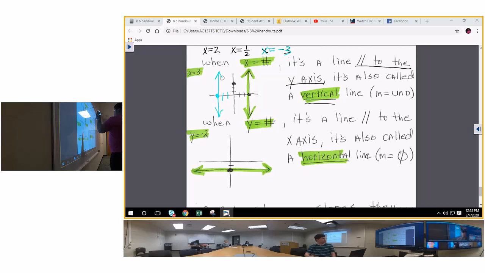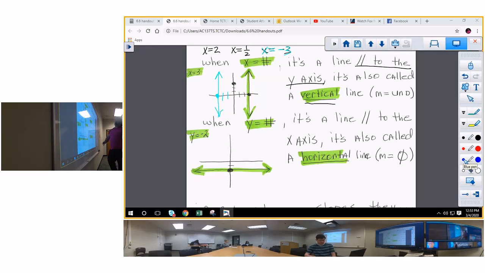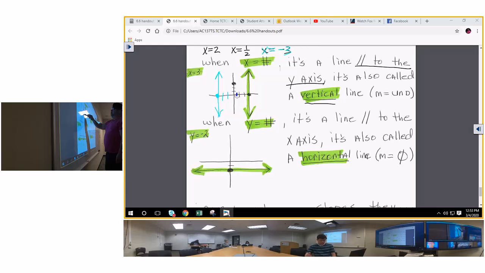Now, please make sure you make a note of this because this is the kind of question they'll put on a standardized test. Graph the line x is equal to 1/2. Do it in blue. 1/2 is right here. And what kind of line? Vertical line. When x is equal to a number, it's a vertical line.